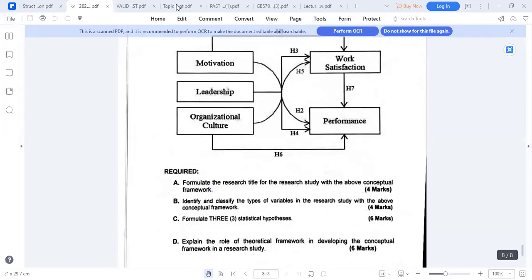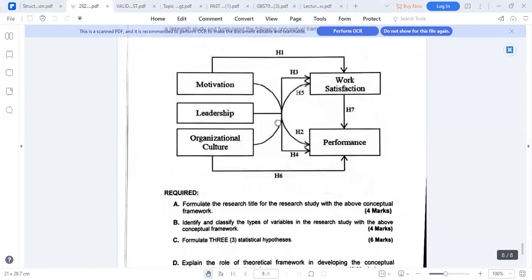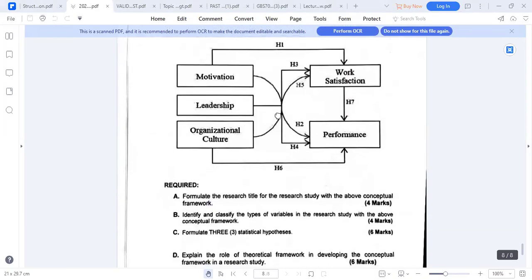I need you to identify which one is our dependent variable, which one is our independent variable from there, and what hypothesis can we develop from that? Are you able to see the screen? So can somebody help? Which one is our dependent variable and our independent variable?